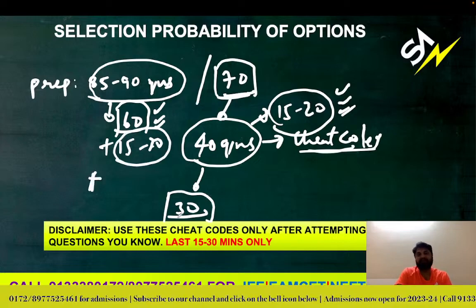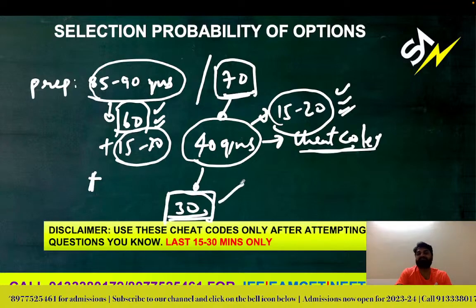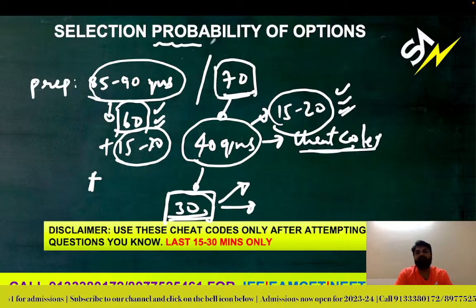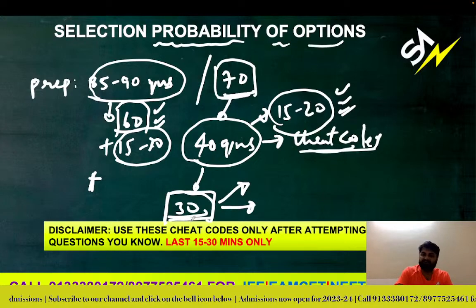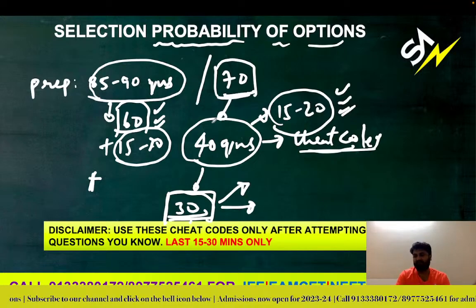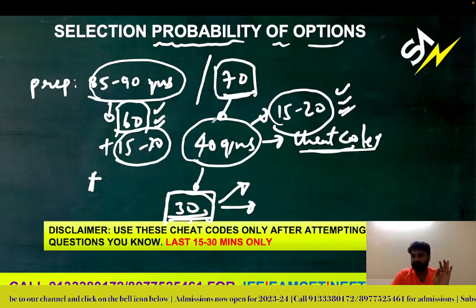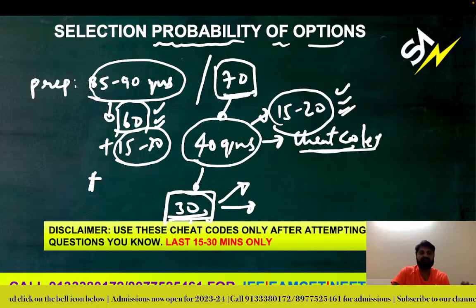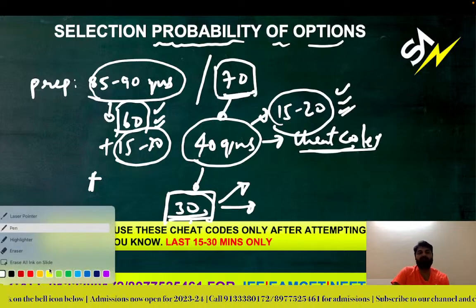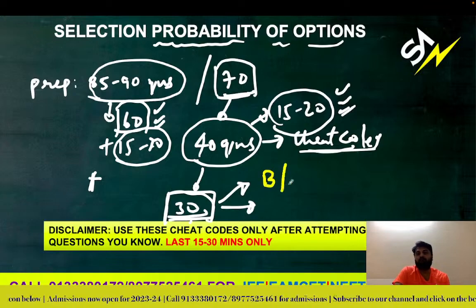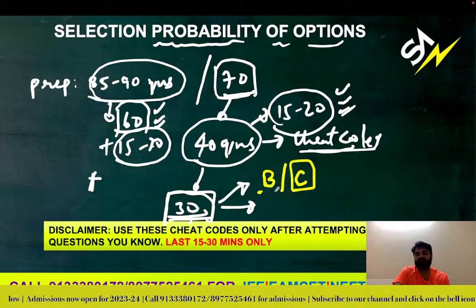And then finally, for the remaining 30 questions, you have to follow the probability of options. That is, for these 30 questions where you don't get any idea at all, then what you can do is, generally when you observe any paper and look at the key, put option B or C for those 30 questions.